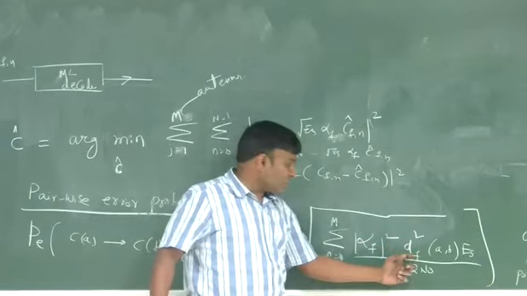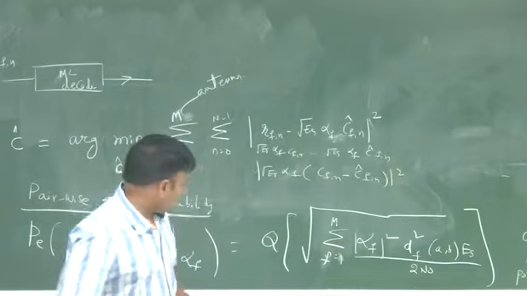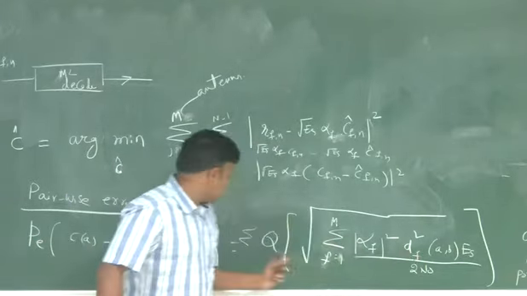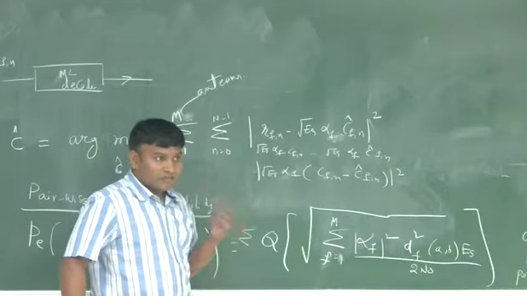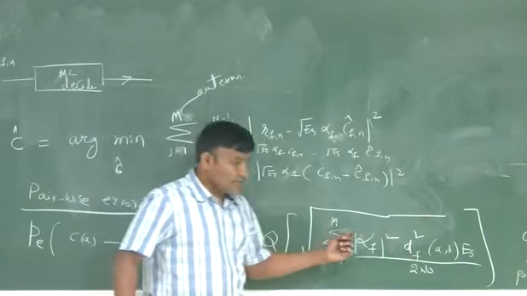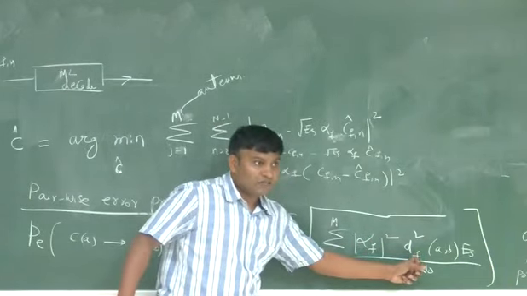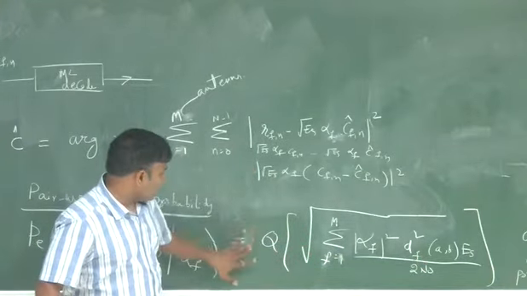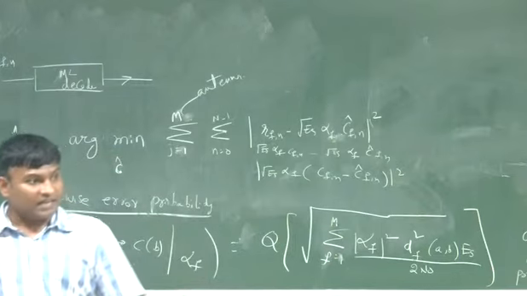The one which is giving the highest distance will not dominate, because if you calculate the union bound, it would be a summation over all feasible A comma B, and then which term dominates? The set of error events that corresponds to the minimum distance will dominate the union bound. Therefore, you can say that you consider the minimum distance error event.